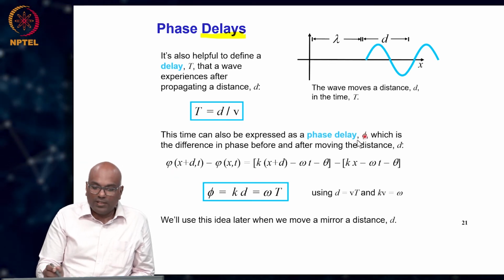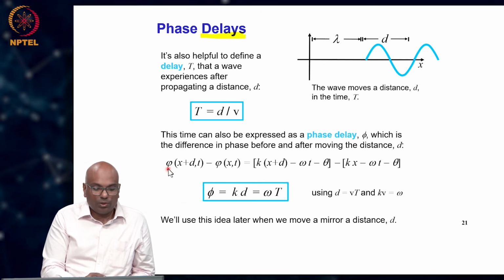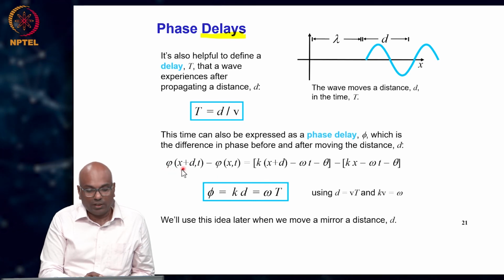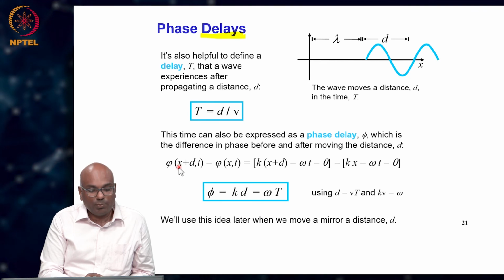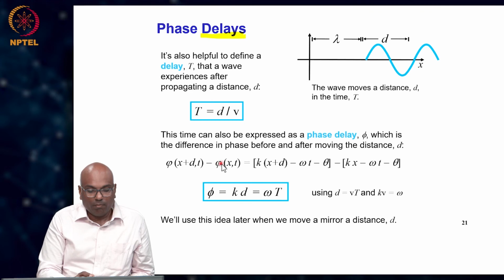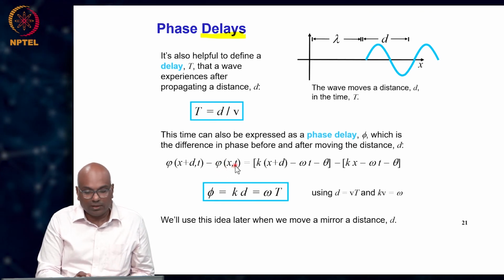The phase delay phi is computed this way. Take the spatiotemporal phase factor phi of x,t, compute phi at the spatial location x plus d at time t, minus phi at the spatial location x at time t.